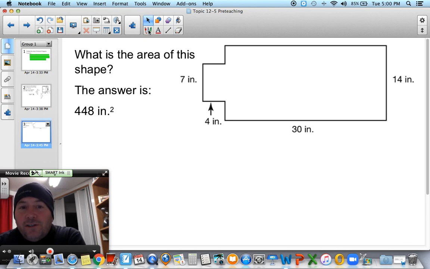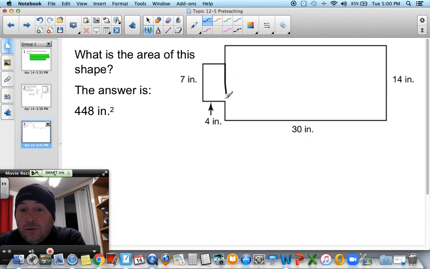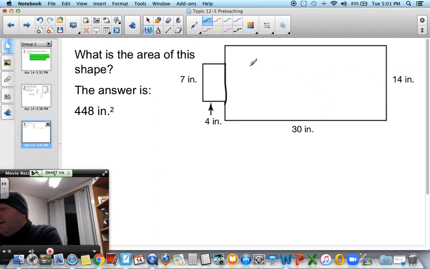So what you're going to do is you're going to simply decompose this into 2 basic rectangles, okay? This rectangle right here will be 30 times 14. So you're going to simply take your 30 and multiply it by 14.